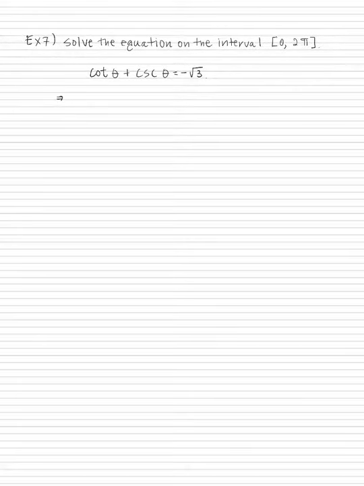So here you're going to have cotangent is cosine over sine, and cosecant is 1 over sine, equals negative square root of 3. So we can combine this into one fraction.